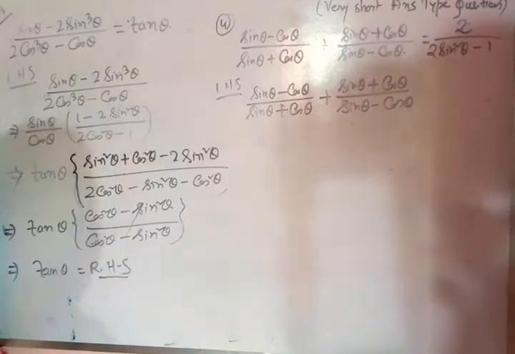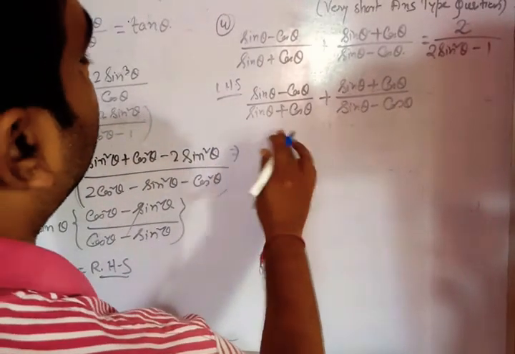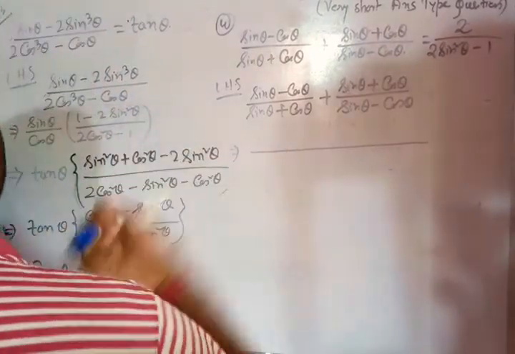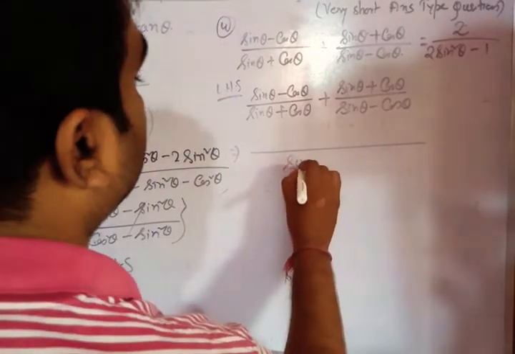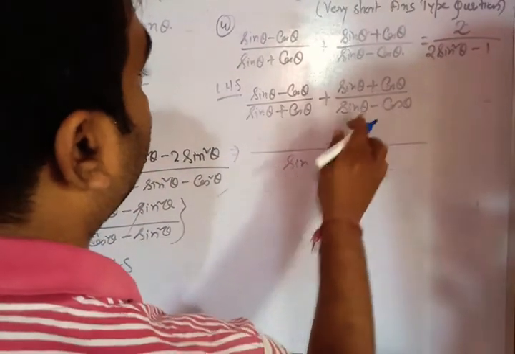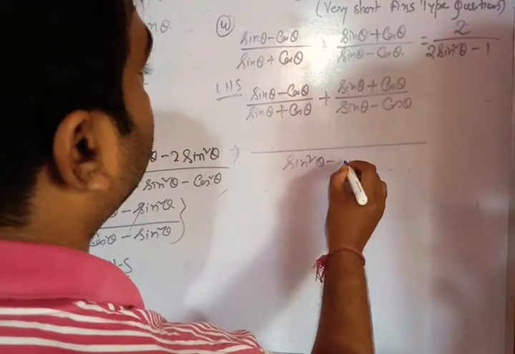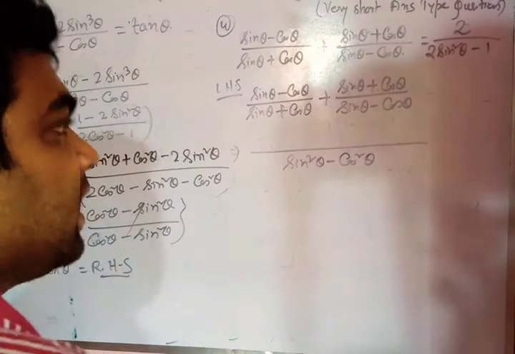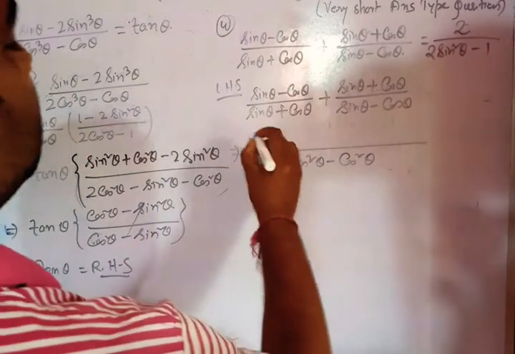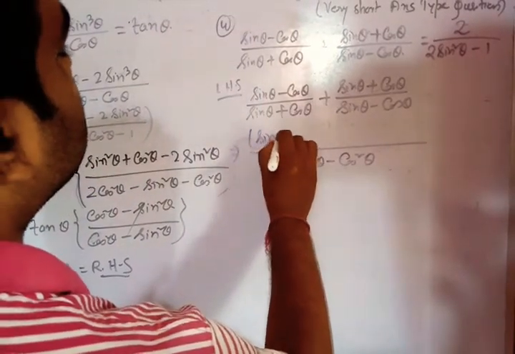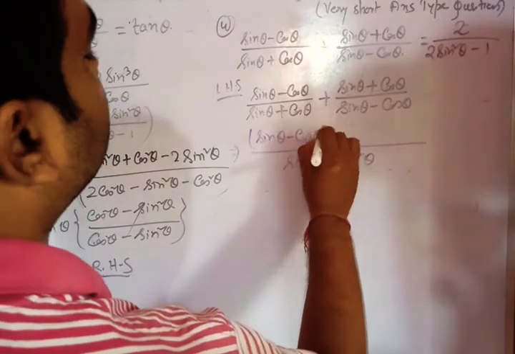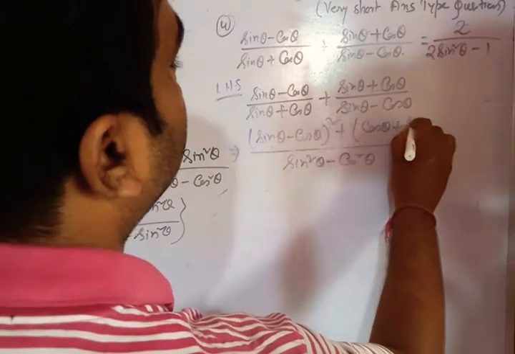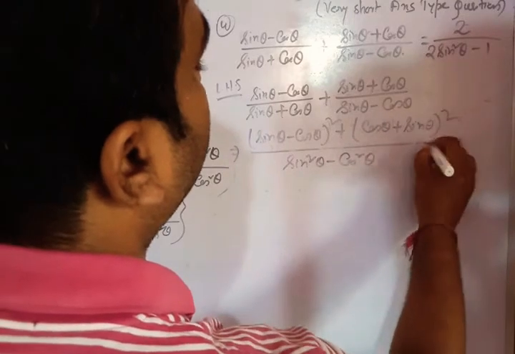Now taking LCM, we get sin square theta minus cos square theta in the denominator, and this can be written as sin theta minus cos theta whole square plus cos theta plus sin theta whole square.